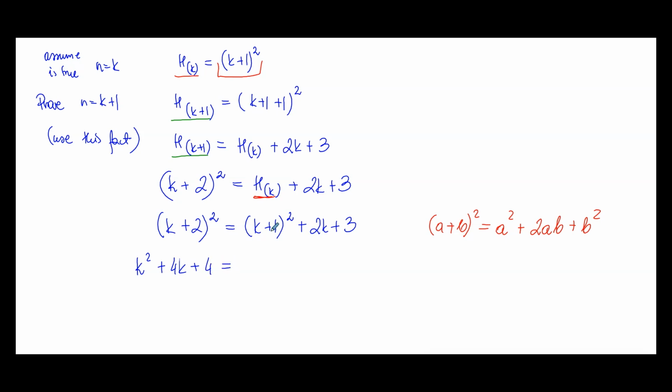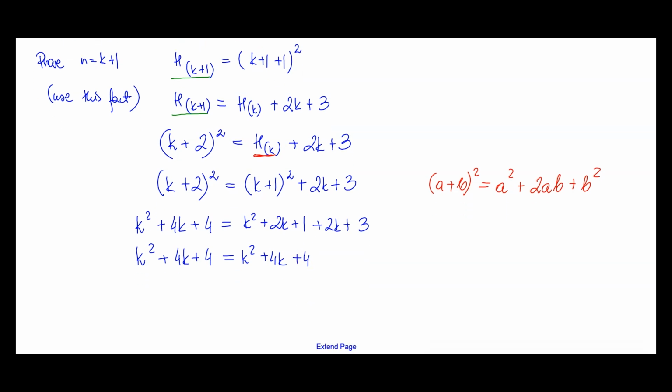On the other side, applying that same formula, that will be k to the power of 2 plus 2 by 1, that is 2k, plus 1 to the power of 2 is 1, and then the rest, plus 2k plus 3. On this side, 2k and 2k together is 4k, and 1 and 3 together is 4. So yes, now both of the sides are exactly the same. So I have proven that it is true.